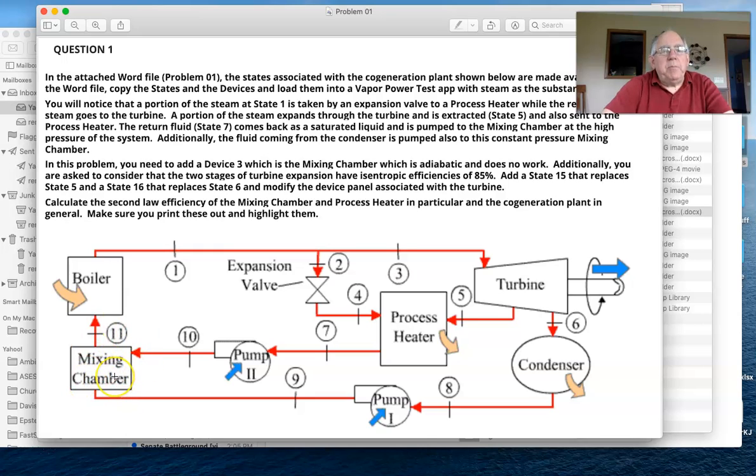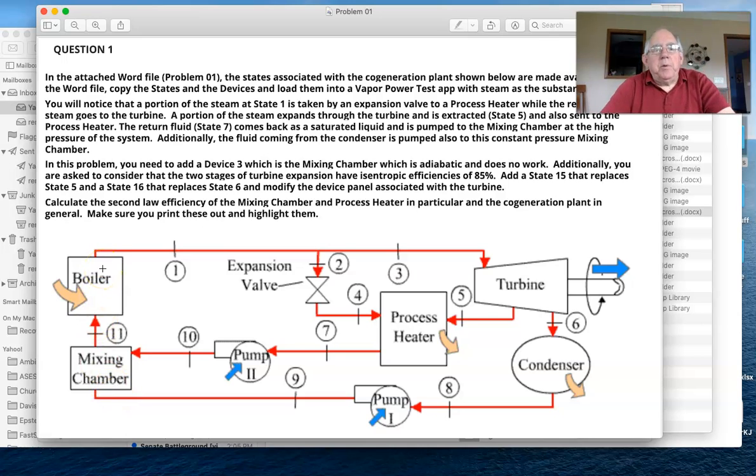Now, the mixing chamber pressure is the initial pressure. The pressure of the condenser is given, and that 5 kilograms per second is pumped up to that same pressure. So the 20 and the 5 mix to form the 25 that then go to the boiler.